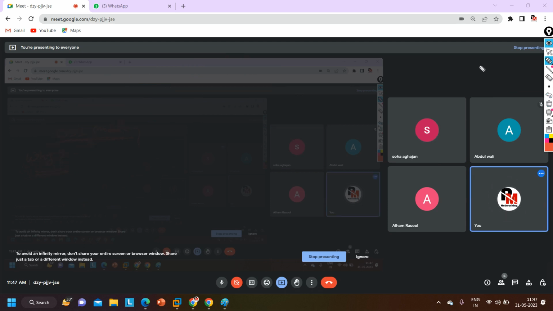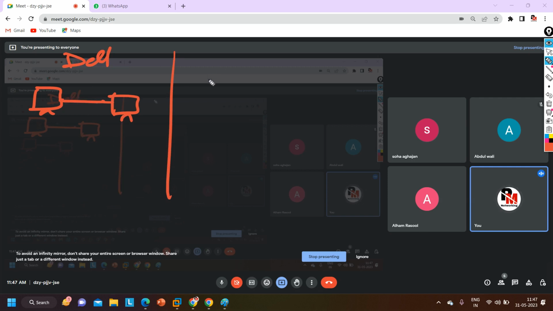See what was happening earlier. Communication was happening between devices, but a Dell computer was able to communicate with a Dell computer only. A Dell computer could not communicate with an HP computer. Getting my point? Because the process of communication that the Dell engineer used was different from the process of HP.